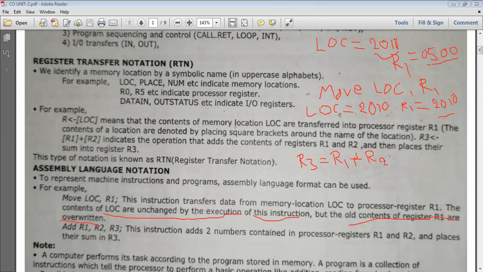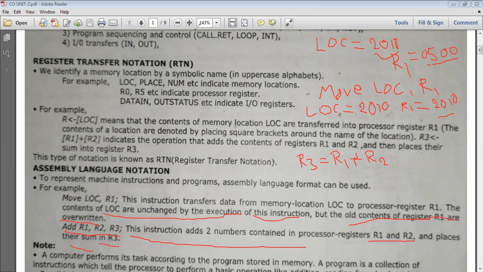The data in the R1 register and the data in the R2 register are added, and the result is placed in R3. This instruction adds two numbers contained in processor registers R1 and R2 and places their sum in R3. Assembly language notation is understandable by the user.